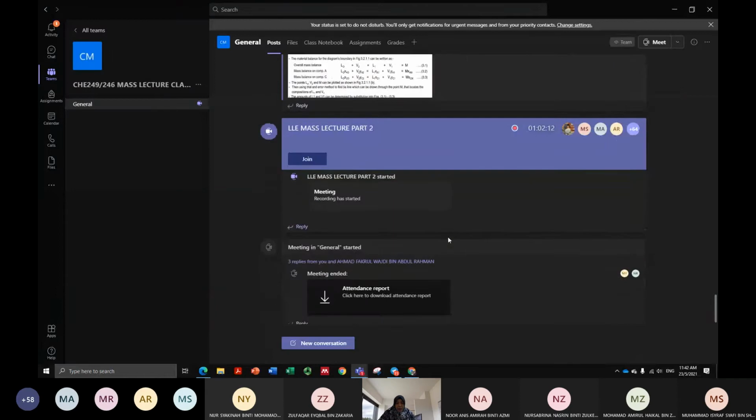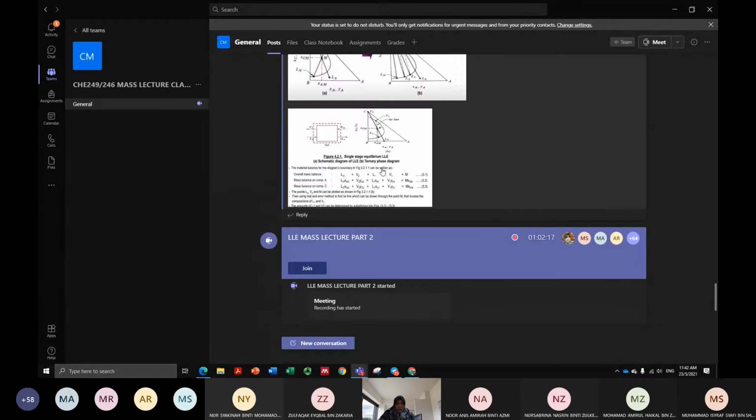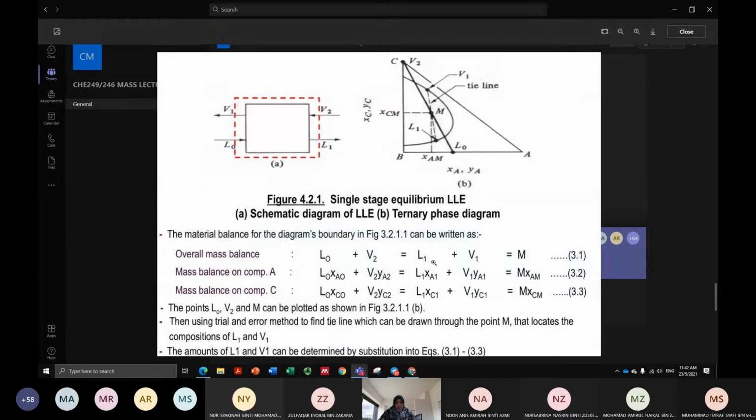Now let's look at the notes that you have. Overall mass balance. This is single stage, very simple. You are given 3 equations where you can play around.